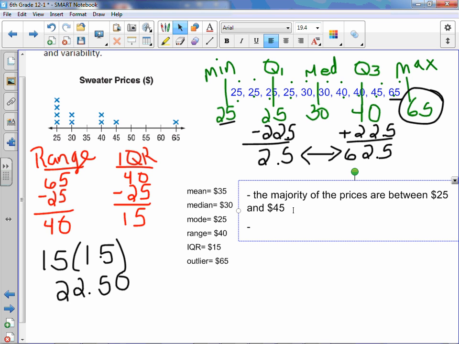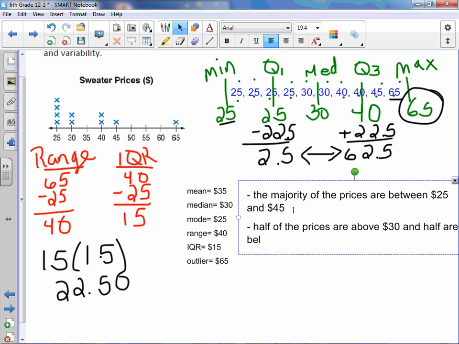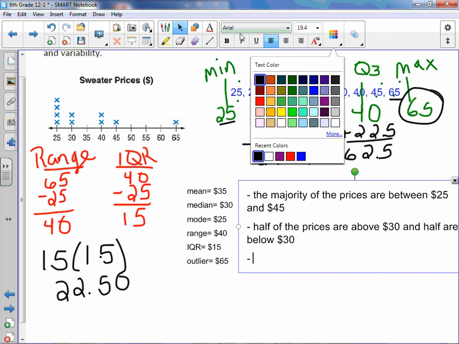Let's talk about the median. Half of the prices are above $30 and half are below $30. And let's also mention the interquartile range.